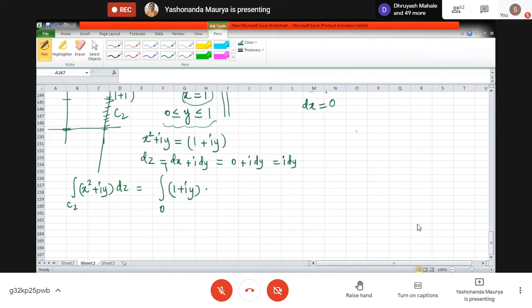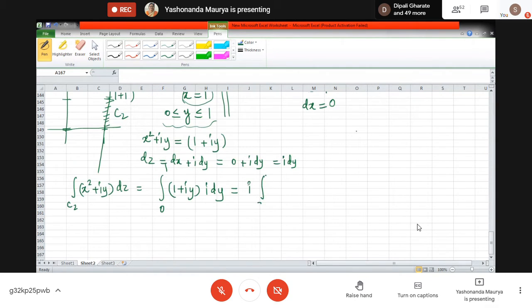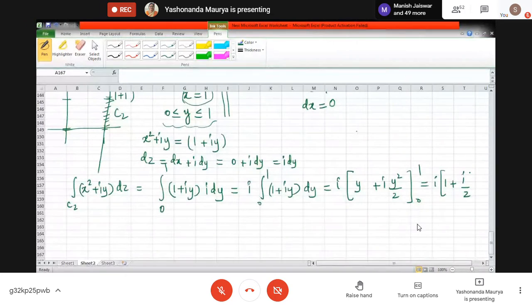The dz term is i times dy. So i is constant, integration 0 to 1, 1 plus iy dy. So what is the integration? i is already there. y plus i y square by 2, from 0 to 1. i into 1 plus i by 2. Lower limit if I substitute, it is all 0. So this is the answer.